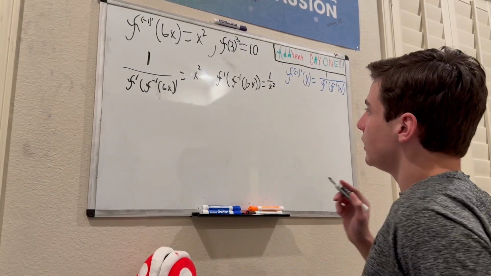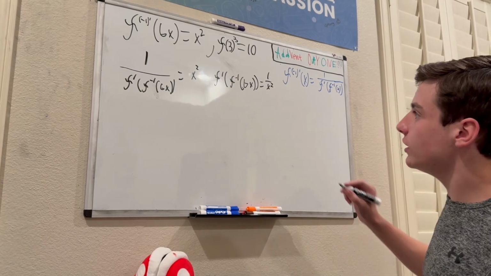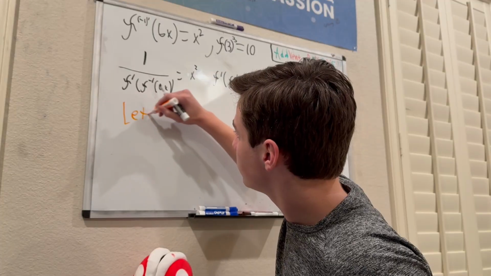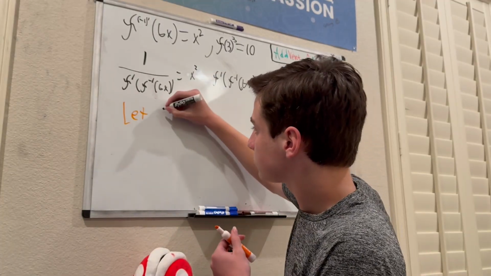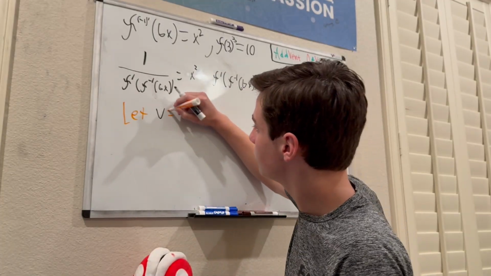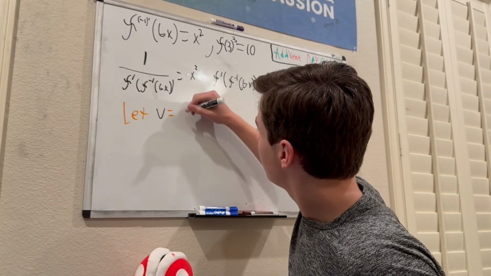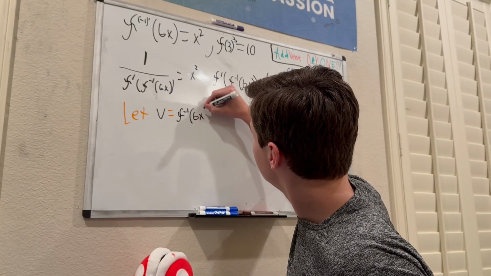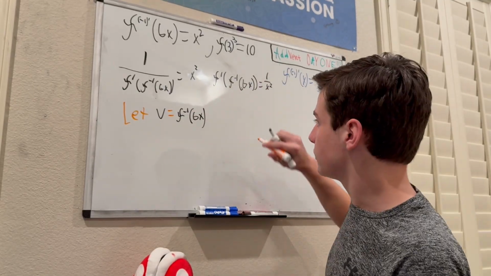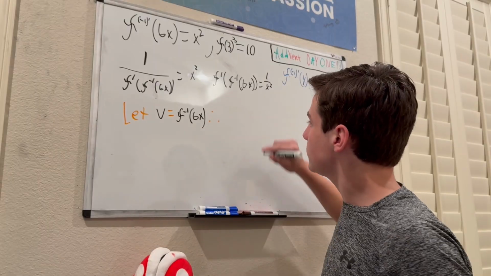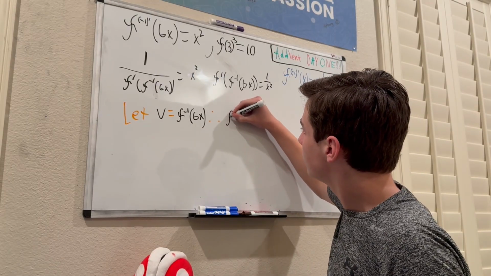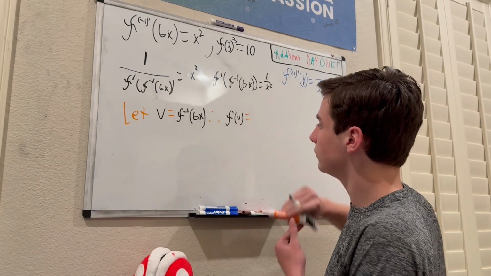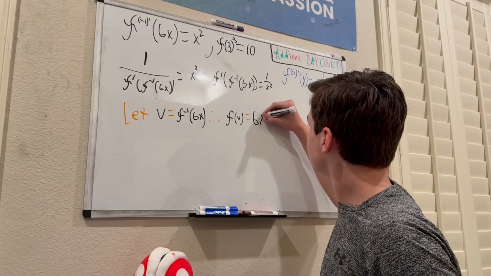And now what we can do is we're going to make a substitution. We're going to let u equal f negative 1 of 6x, which in turn means that f of u is going to be equal to 6x.